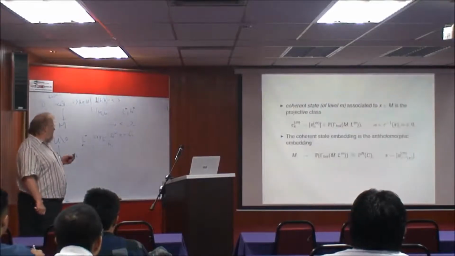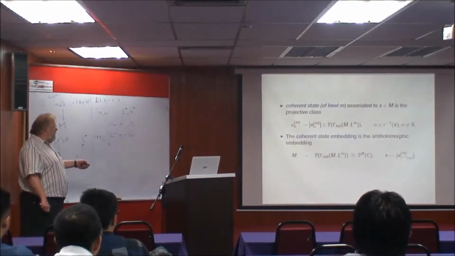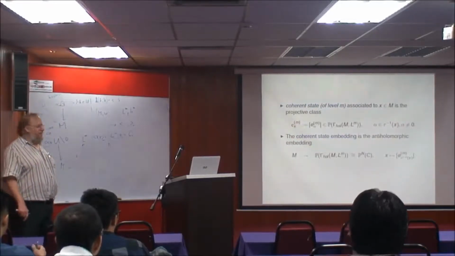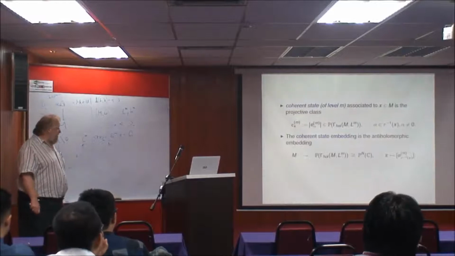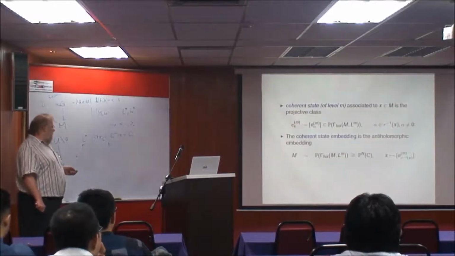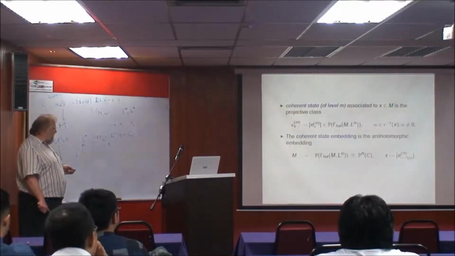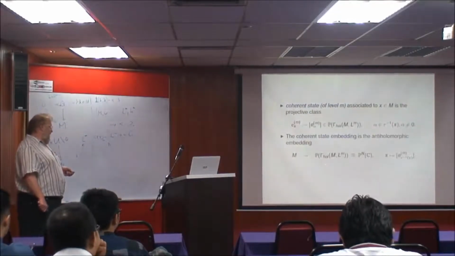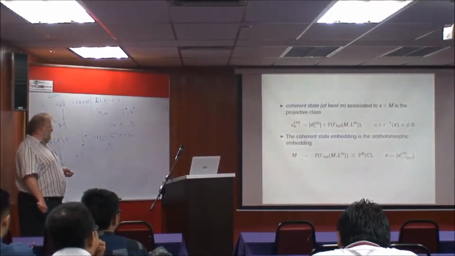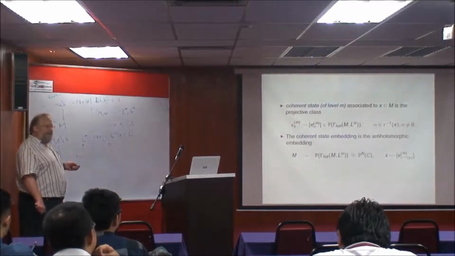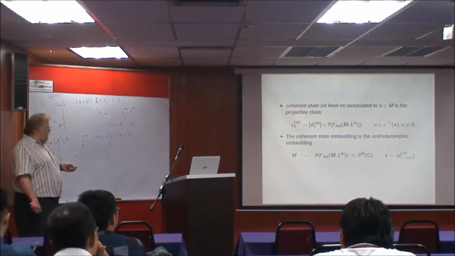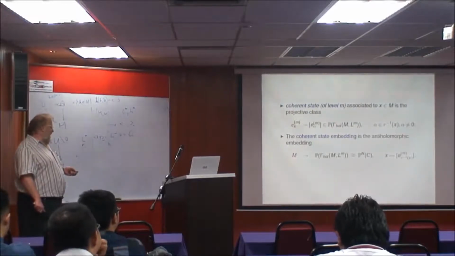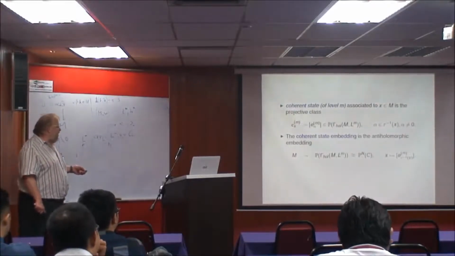Okay, good. Now we have the current state. The current state is now indeed well defined on the base manifold N. And indeed we could even do the following. We could discuss the coherent state embedding in the way that we take the M, this is now our X, we take the corresponding vector from this projective space, and this embeds our M into this projective space.